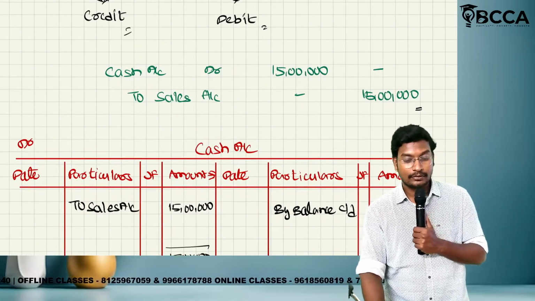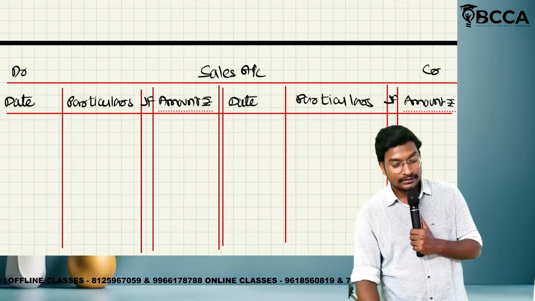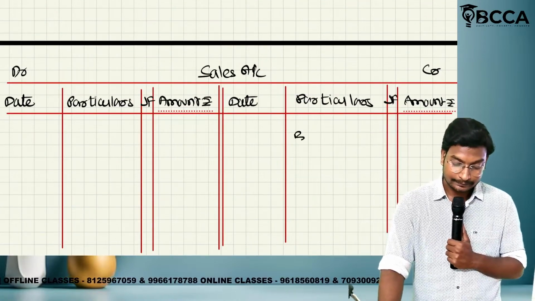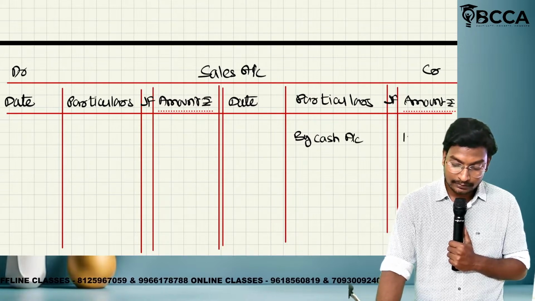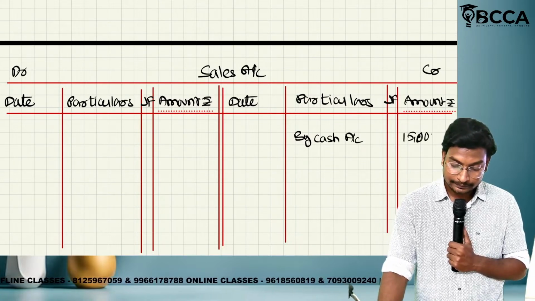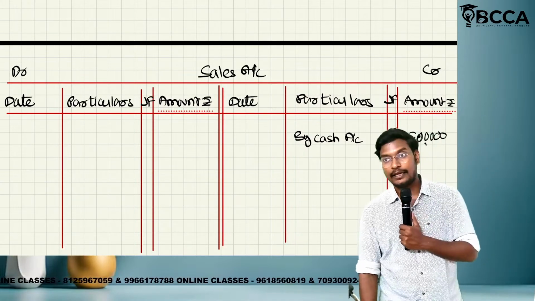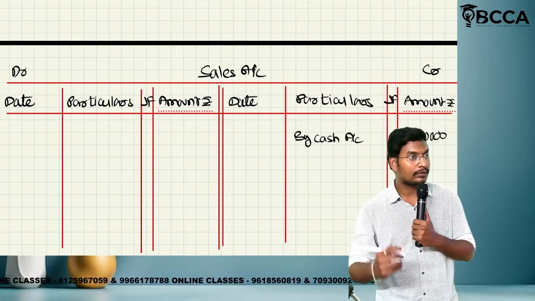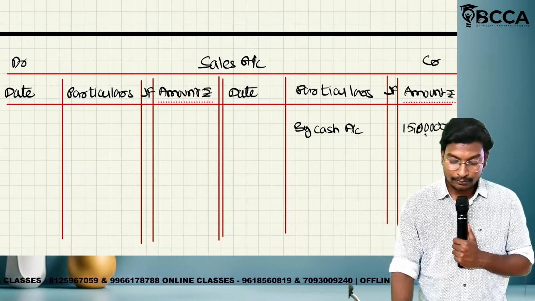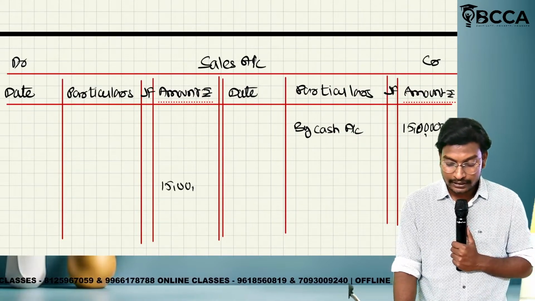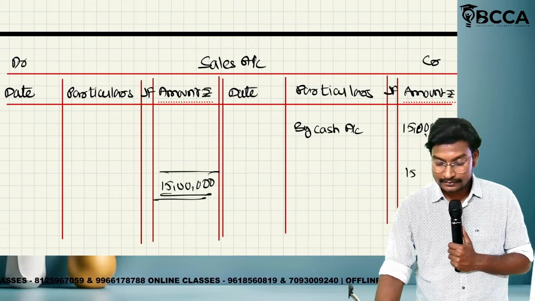By cash account, because in the sales account the word sales will not come again. So by cash account. What is the amount, ma? 15 lakhs. I am discussing journal entry wise, I am not going to discuss in a total overall sum like that. Okay, na? So what is the total amount, ma? In the total amount we have to record the highest amount. So what is the highest amount, ma? Here 15 lakhs is the highest amount.